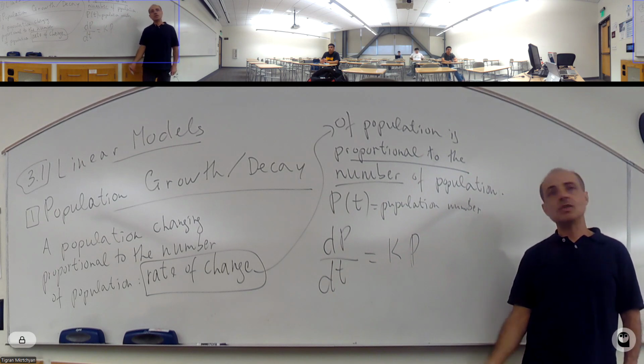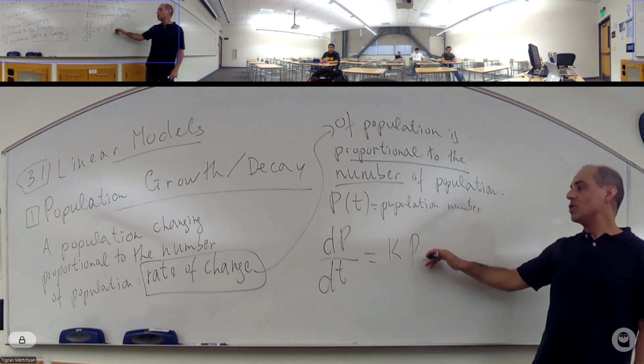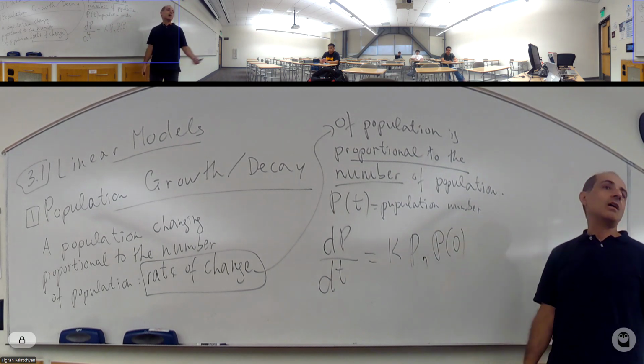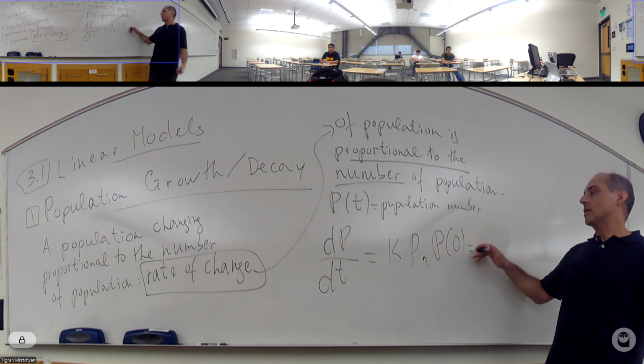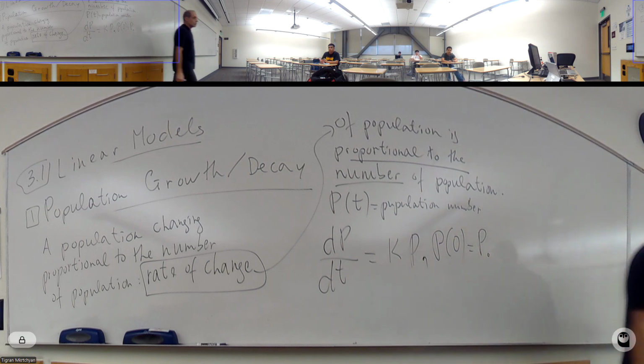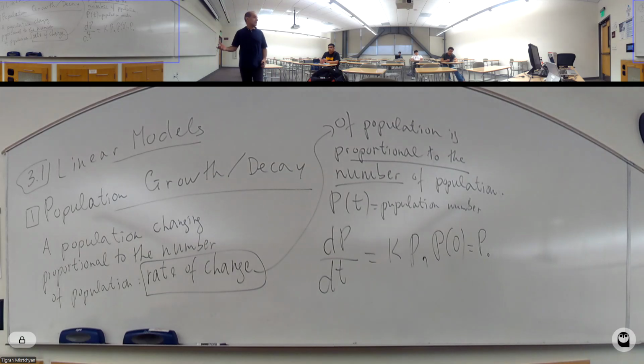So we have this kind of thing. And we're going to have initial condition, population at the beginning of time is something, some number. There's an initial population. So this becomes a what? This becomes a differential equation, initial value problem. So we'll try to solve that.